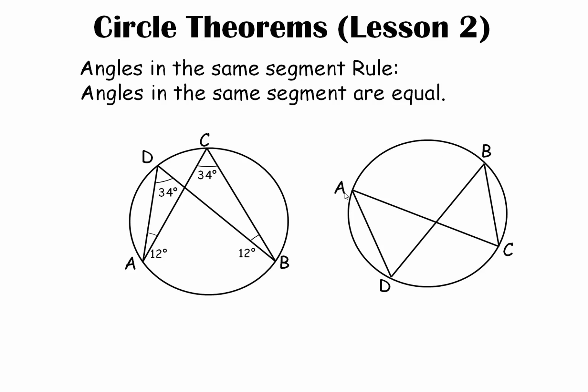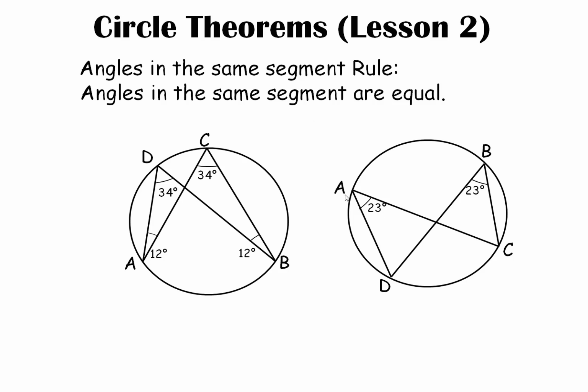The two angles formed in the same segment here are angle A and angle B, so they are equal according to the rule. If angle B is 23 degrees, angle A will also be 23 degrees.